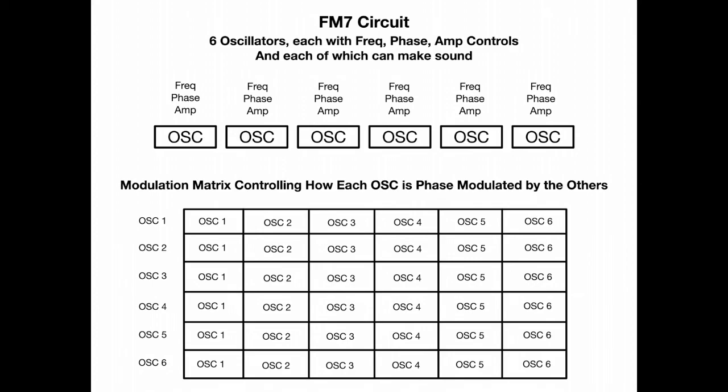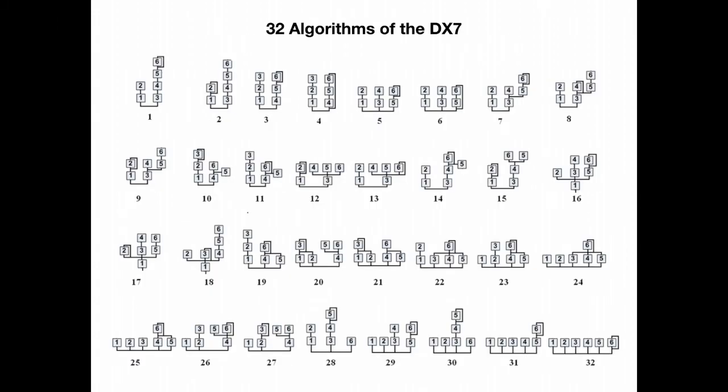I'm going to show it a couple different ways. It's really funky. Here are the 32 original algorithms of the DX7. So these were the 32 different setups that Yamaha came up with. This is really cool, just wacky stuff. How they came up with this, I have no idea, but it's kooky.